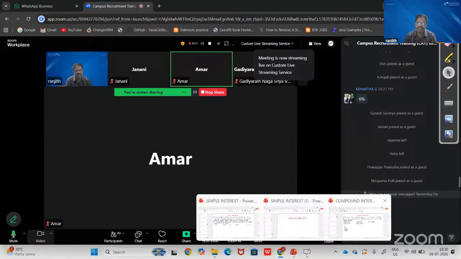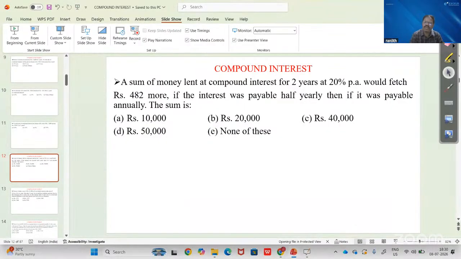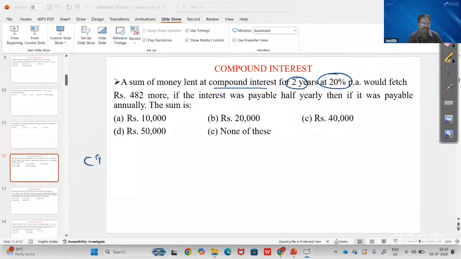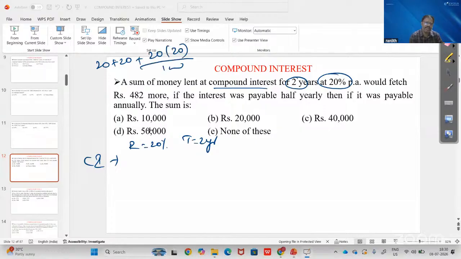Just look here. A sum of money lent at compound interest for 2 years at 20% per annum, where R equals 20%, time equals 2 years. We discussed already 20 plus 20 plus 20 into 20 by 100, so we are getting an interest of 44%. It would fetch 482 rupees more if the interest was payable half-yearly.